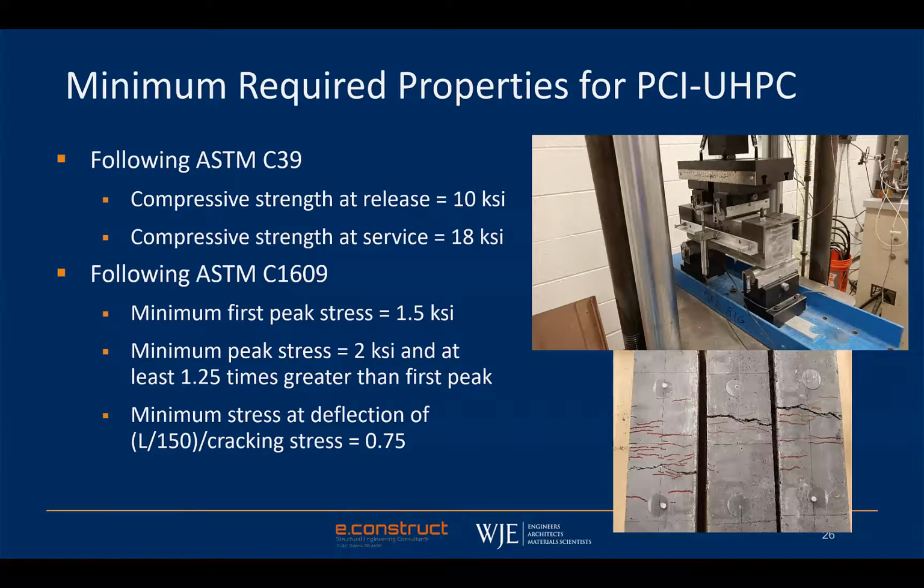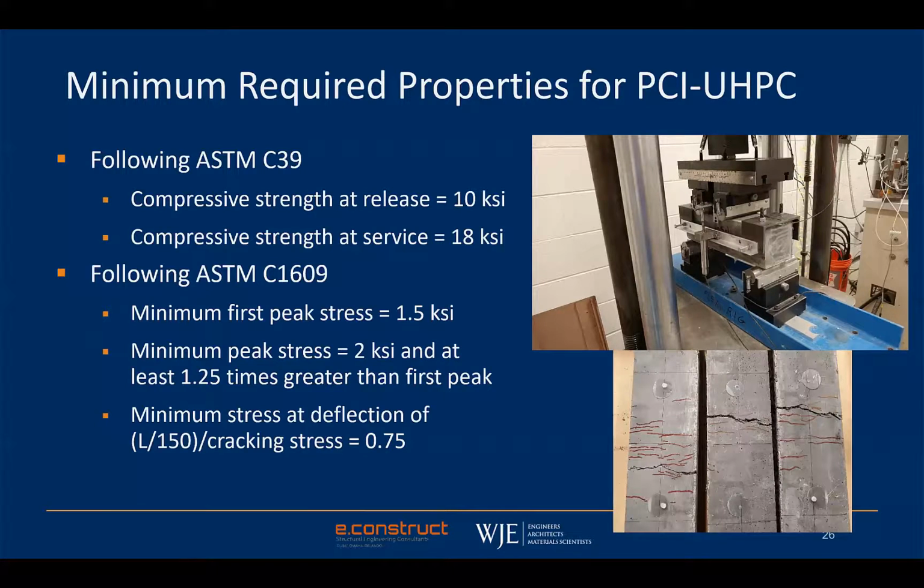The primary requirement is flexural tension, cracking stress 1.5 KSI, ultimate stress 2 KSI, and then you have strain hardening that allows the stress to continue to go up with the load up to the peak value, and the peak value has to be at least 125% of the cracking stress.